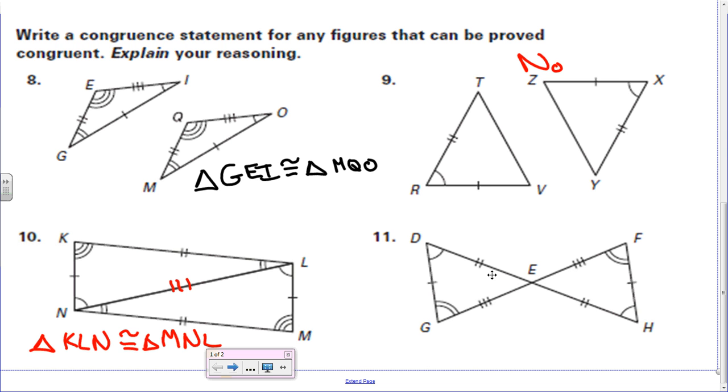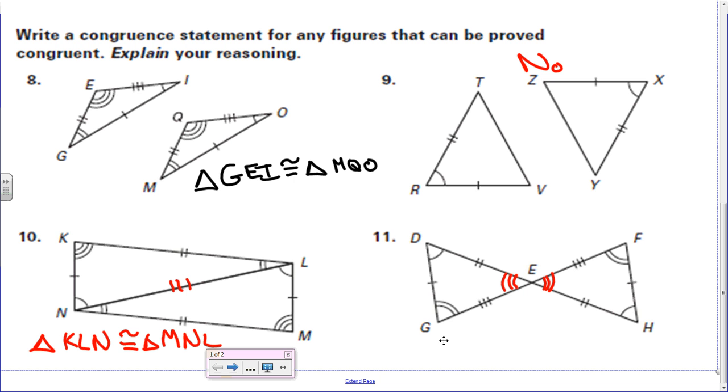Number 11, we have three sides with markings on them saying that they're congruent to three sides from this triangle. Now here we have this angle congruent to this one, and this angle congruent to this one. And inside here we have vertical angles. So angle E is congruent to angle E. So now we have three sides and three angles from this triangle congruent to those of this triangle.